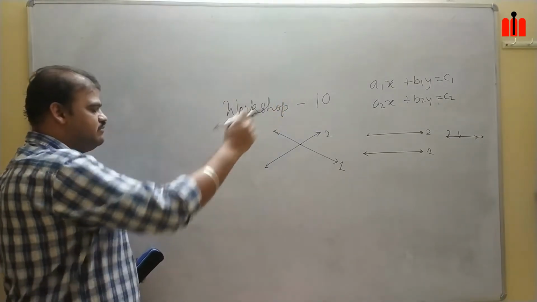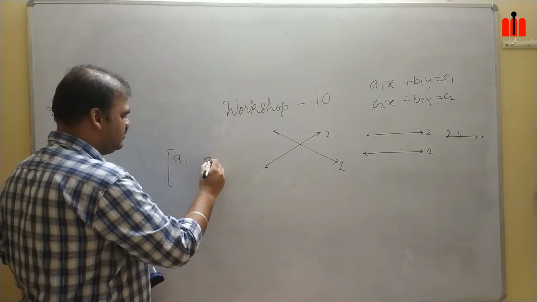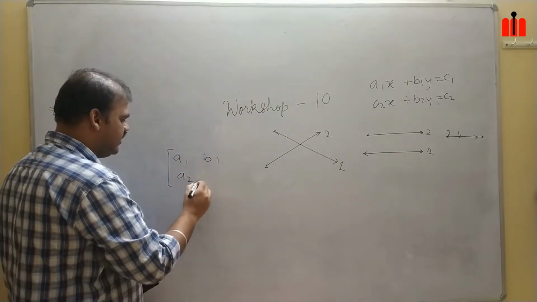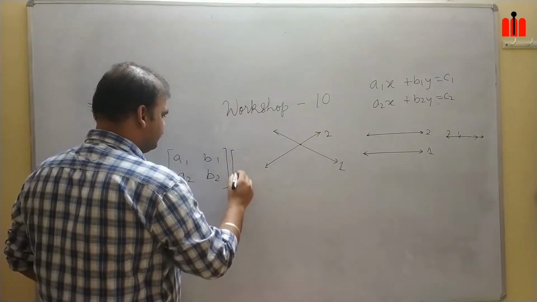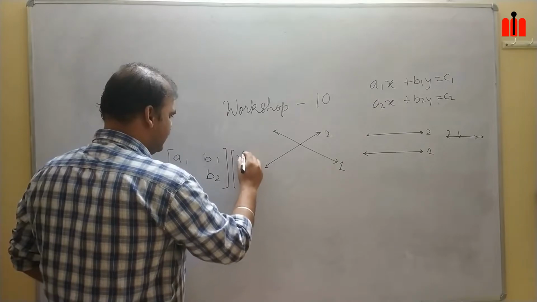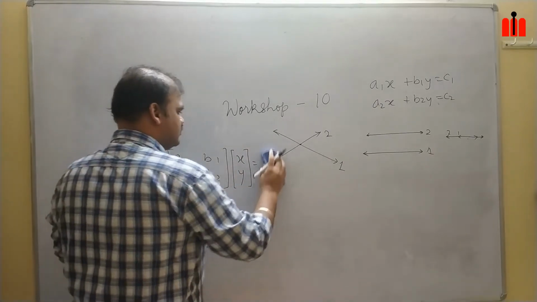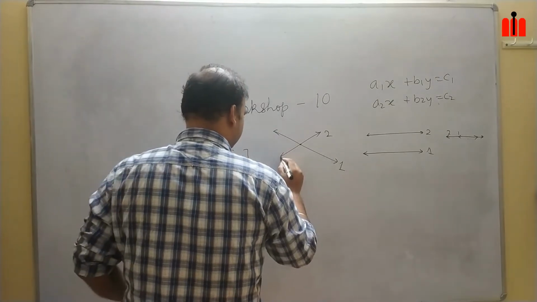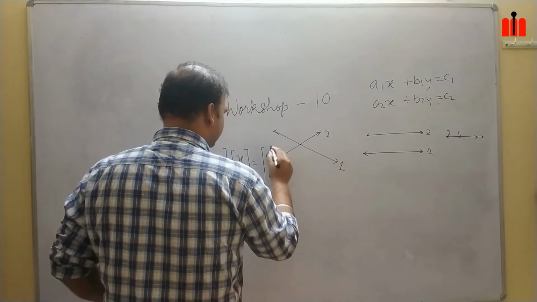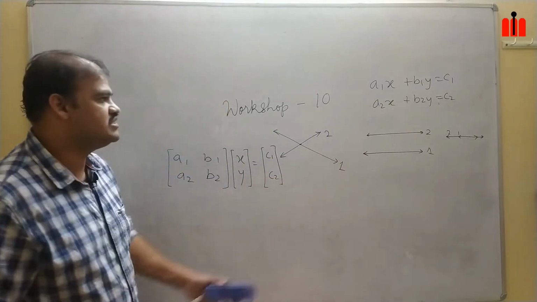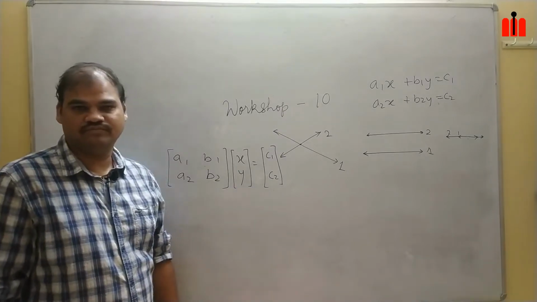It will be written as the matrix with rows a1, b1 and a2, b2, multiplied by the column x, y, equal to the column c1, c2.